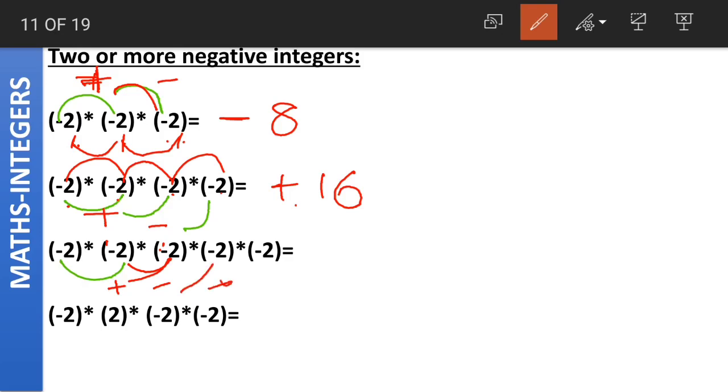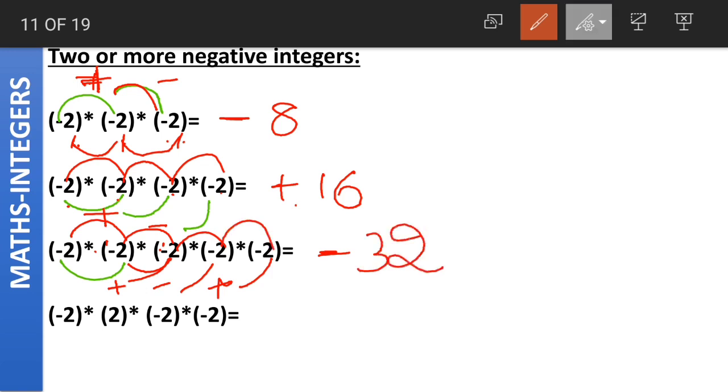The final result will be negative. Coming to the absolute values, 2 2s are 4, 4 2s are 8, 8 2s are 16, 16 2s are 32. Is this clear? How did we do this?